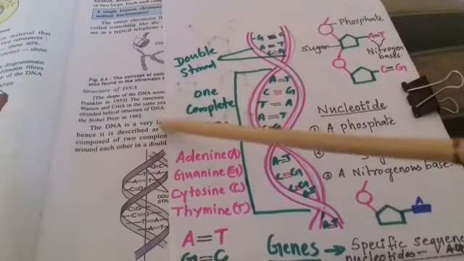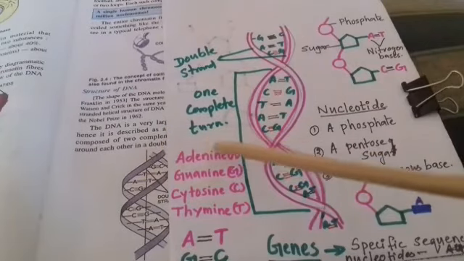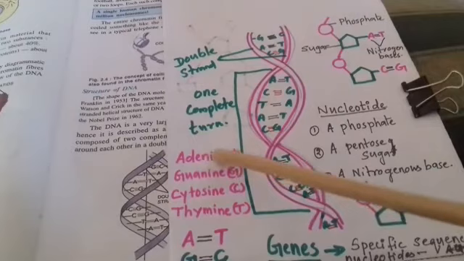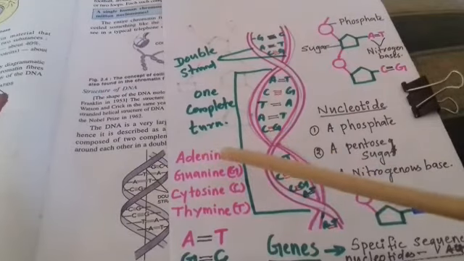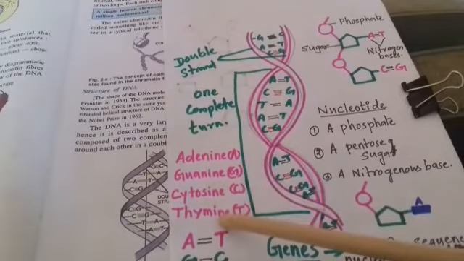DNA is deoxyribonucleic acid. You already know the full form. The nitrogenous bases of DNA are adenine, guanine, cytosine and thymine.